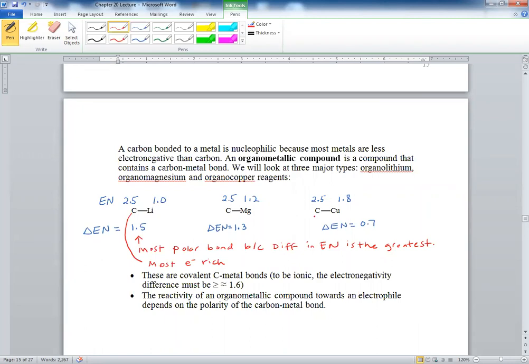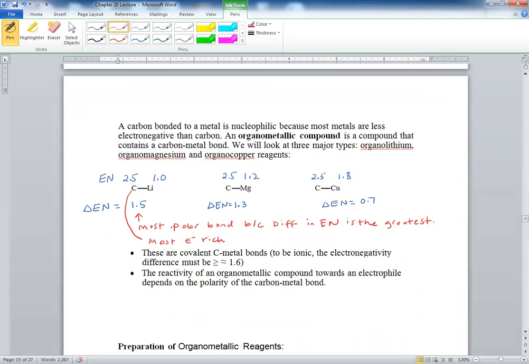And then carbon copper would be about the same, or actually, carbon would still get more. So as an analogy, carbon is always getting more, but it's getting less as you go from carbon to magnesium and carbon to copper.